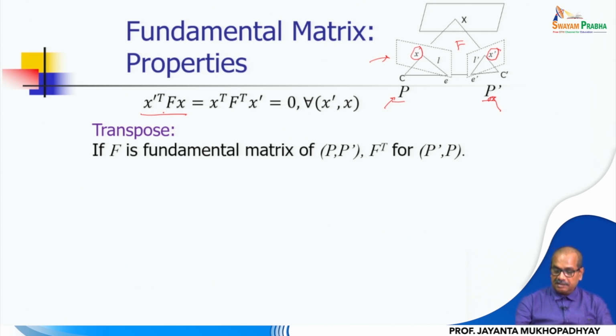When we reverse this role, the fundamental matrix should be F transpose, because then x becomes the image point of the second camera and x prime the image point of the reference camera. The same relationship is reflected when F gets transposed. This is also true from the mathematical point of view: if I take the transpose of this expression, I get this one, which is also equal to 0, because this is only a single linear equation.